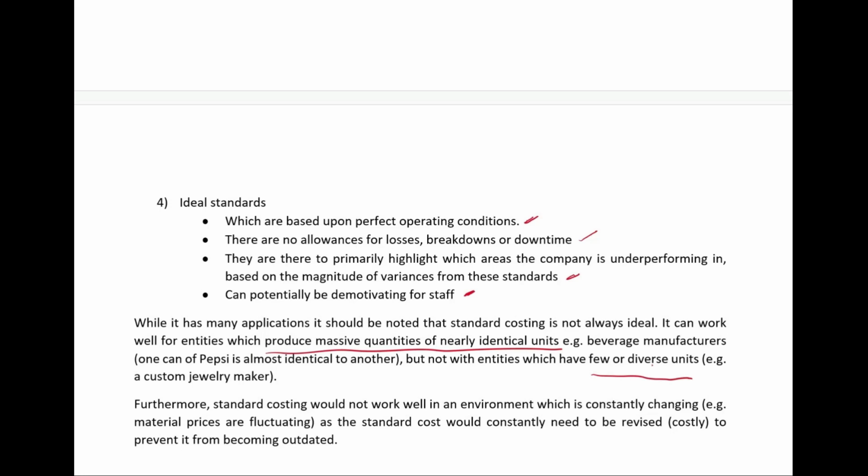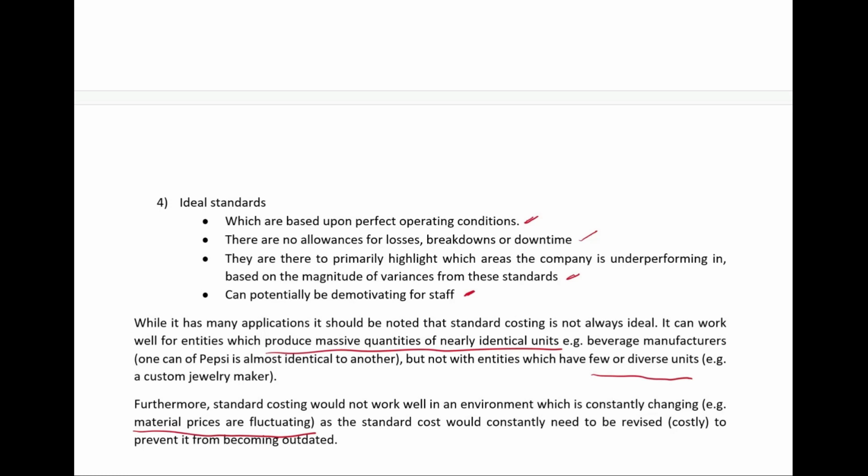Furthermore, standard costing would not work well in an environment where things are constantly changing. For example, there's a lot of fluctuation in the market regarding your material prices. You'll have to be constantly revising the standard, which is a very costly and time-consuming exercise. And if you don't do that, the standards will become outdated very quickly. So standard costing wouldn't work well in that situation as well.